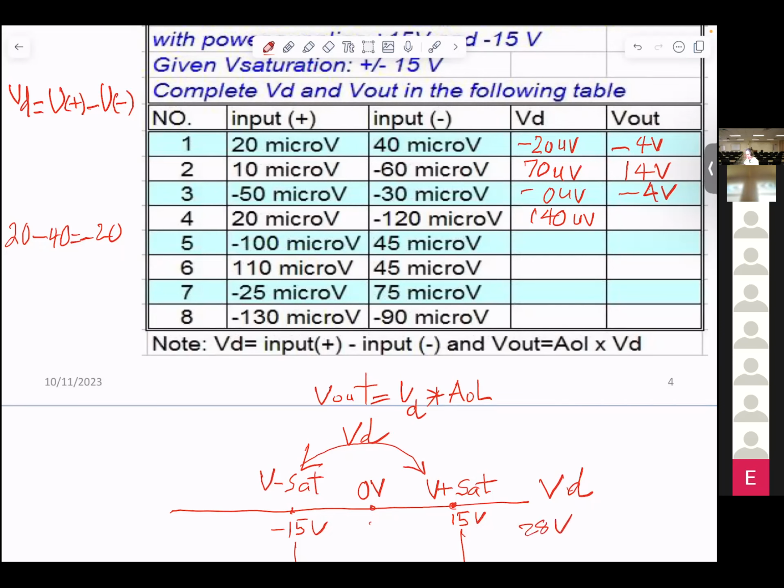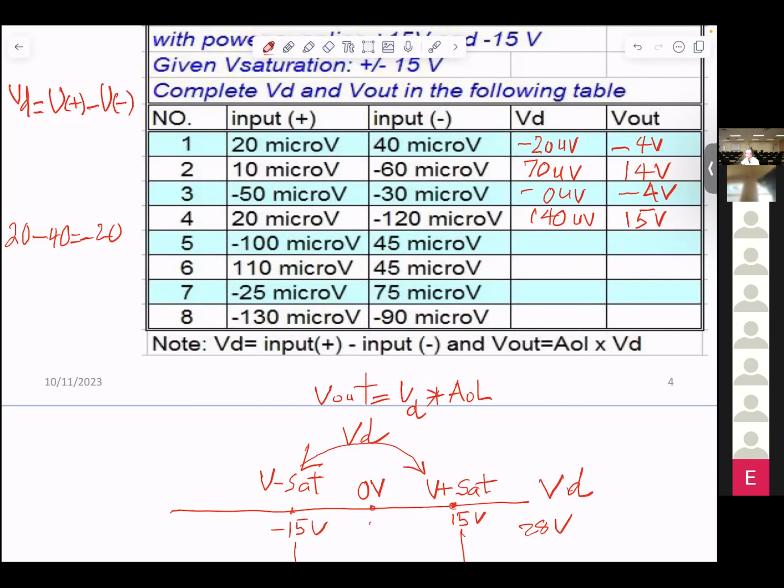Oh, that's right. It's higher than the saturation voltage. So it's 15. Oh, yeah. So then you use the op amp saturated. Mr. Pham, when it's higher than 15 or lower than negative 15, that's what you use, right?